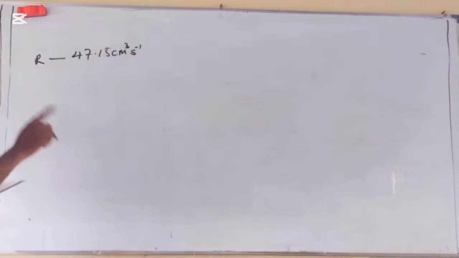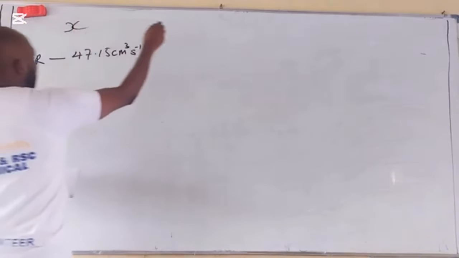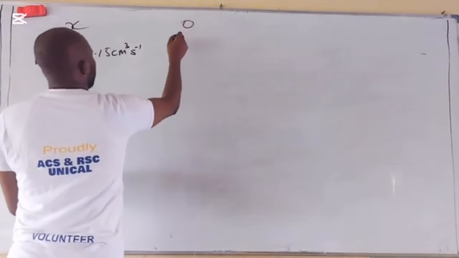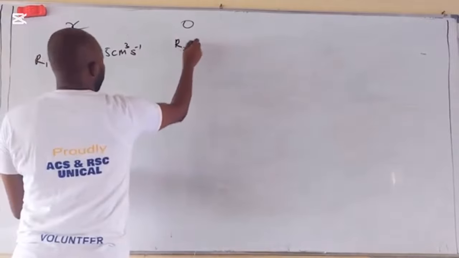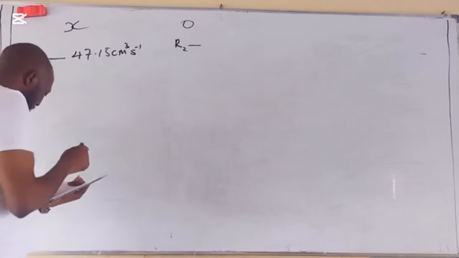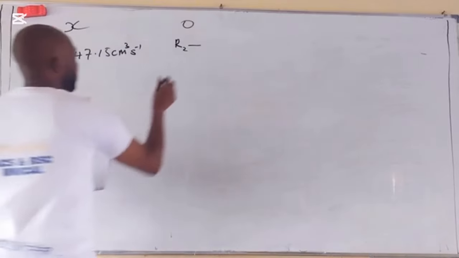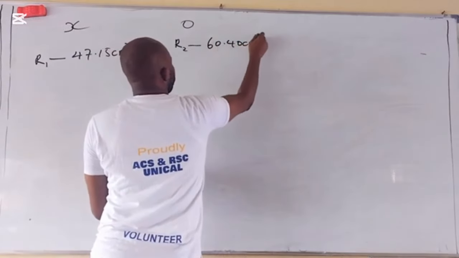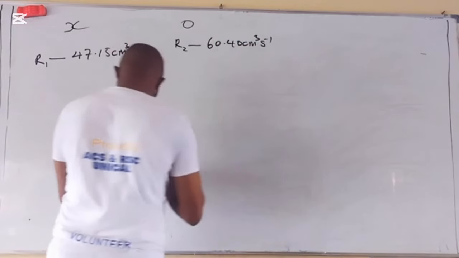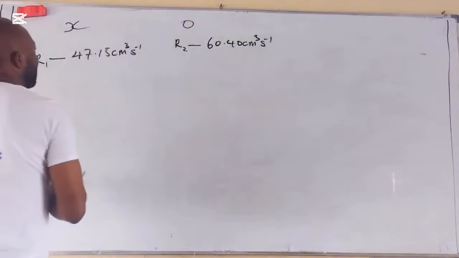This is R1, this is my R2. Under the same conditions, oxygen diffuses at the rate of 60.40 cm³ per second. Calculate the relative molecular mass of the gas.